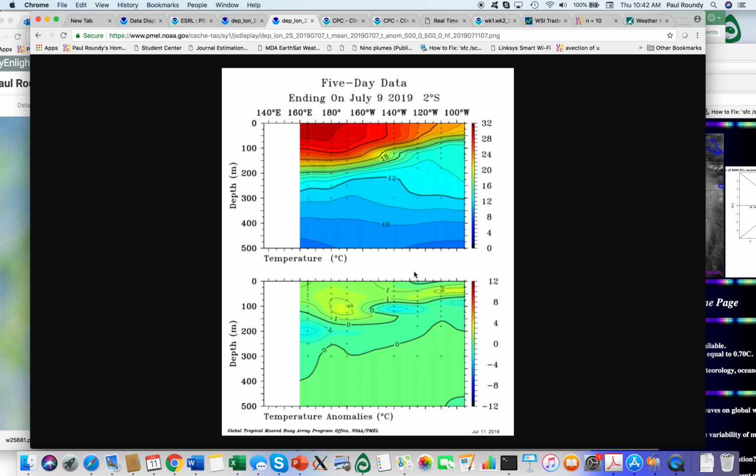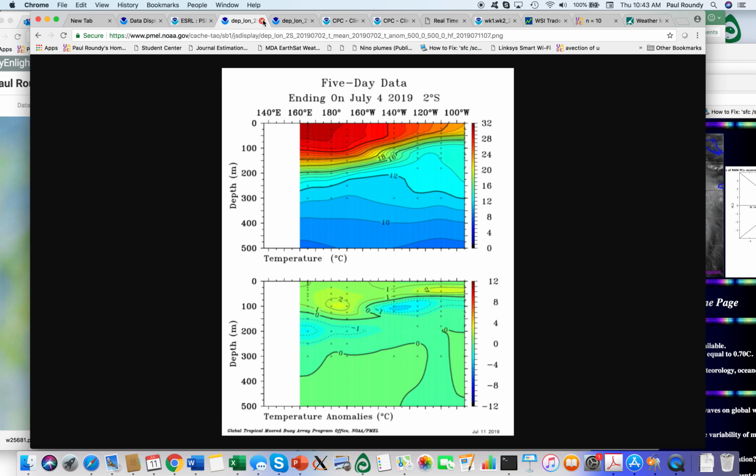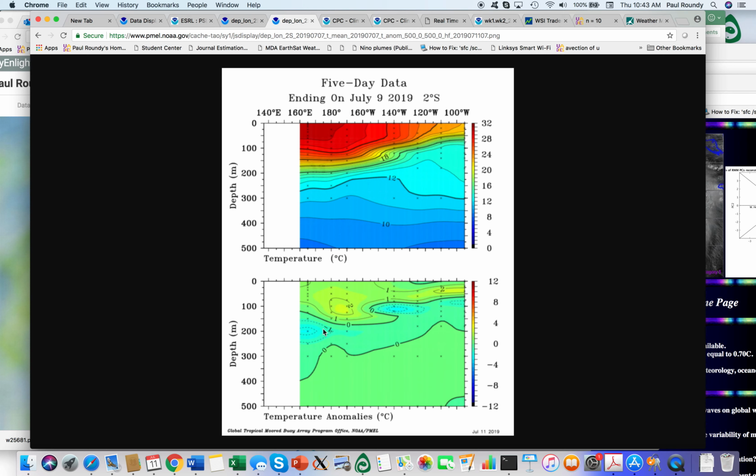It's a little bit of cool anomaly right at the surface of the East Pacific, but the general trend is toward eastward movement and expansion of the warm anomalies subsurface. These warm anomalies are being driven by a westerly wind event associated with the MJO that I'll show you in a few minutes.